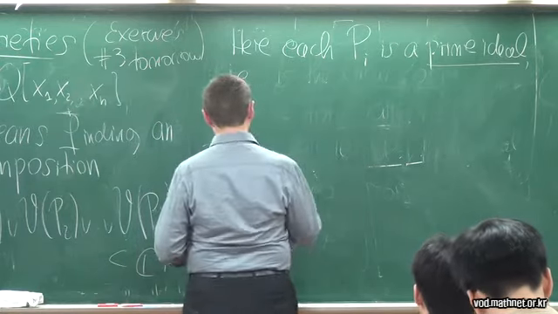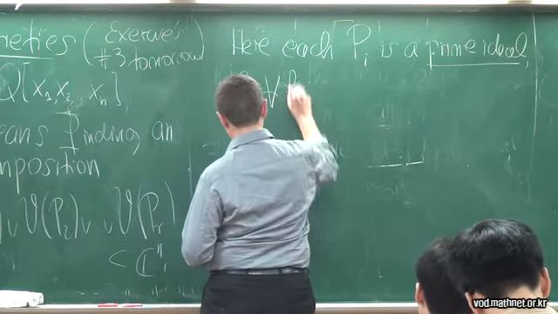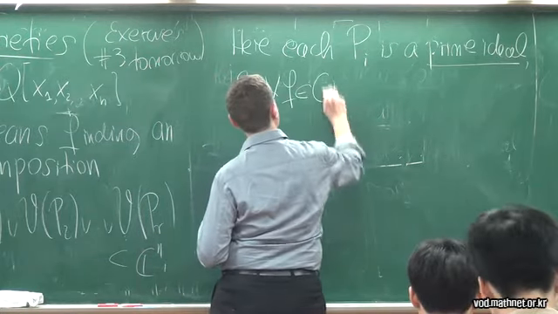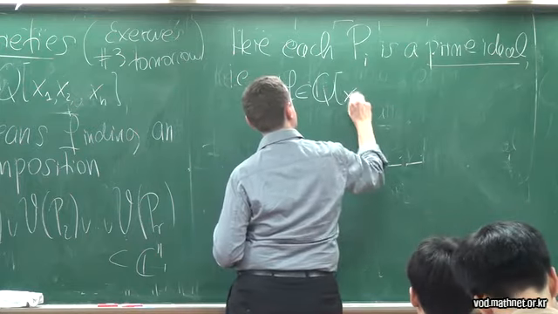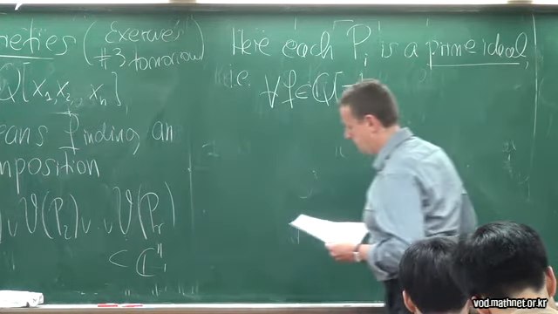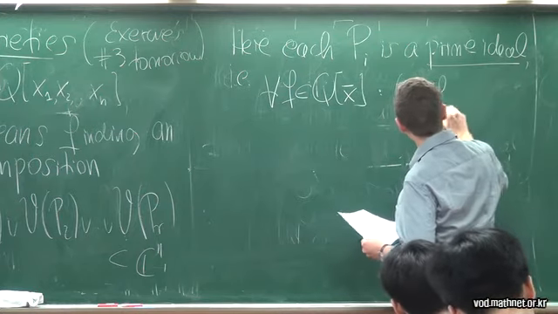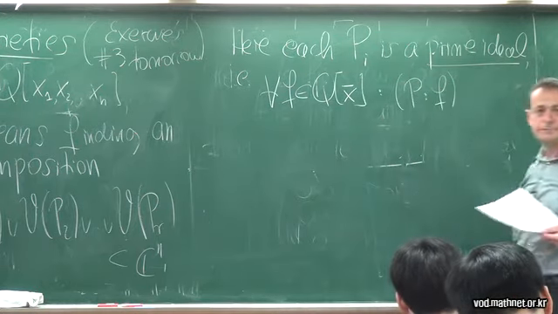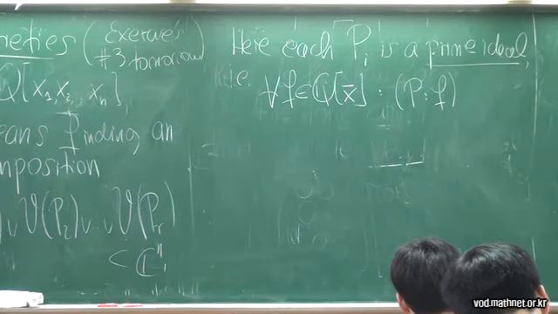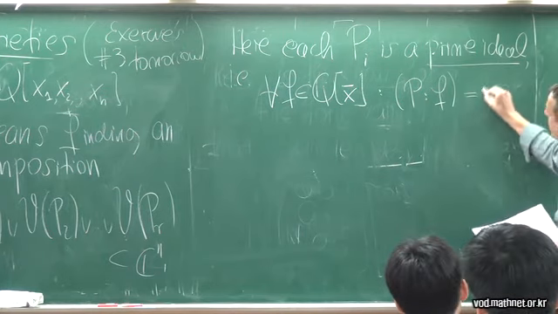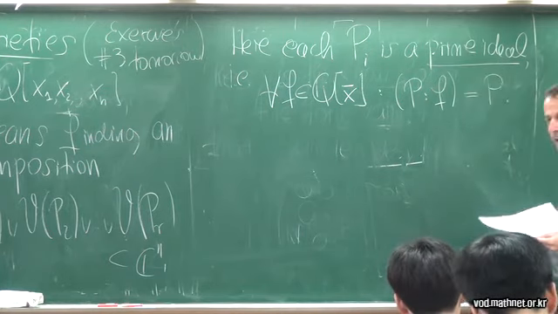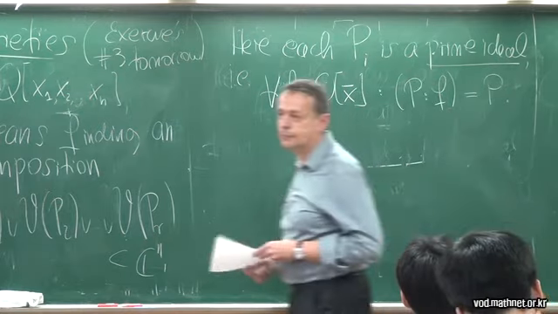The actual definition goes like this. For every polynomial F in the polynomial ring, if I take P colon F, remember the colon ideal, I get P back. Okay, that's the definition of prime ideal, right?